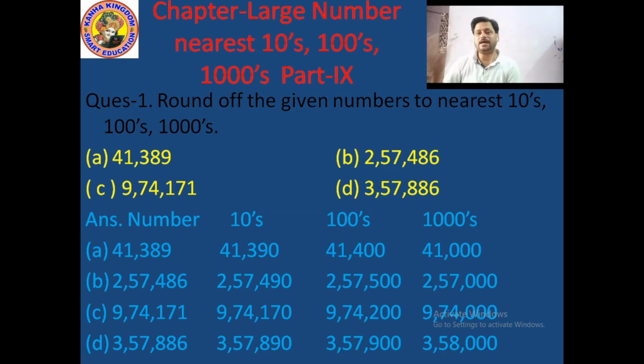So the exact answer: first of all, which digit is in the 100 place? 1 in the 100 place, and you add one more to it. So 1 plus 1 equals 2. So 2 in the 100 place, and the tens place and ones place are converted into 0.